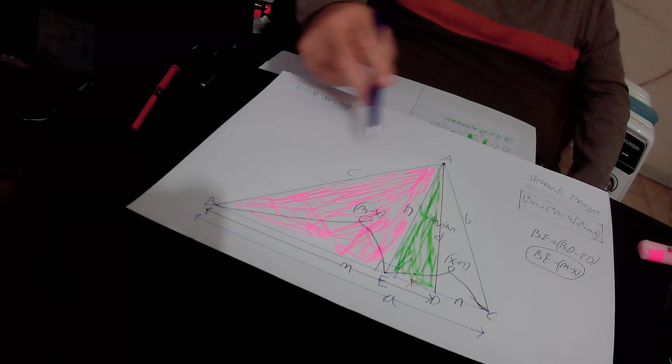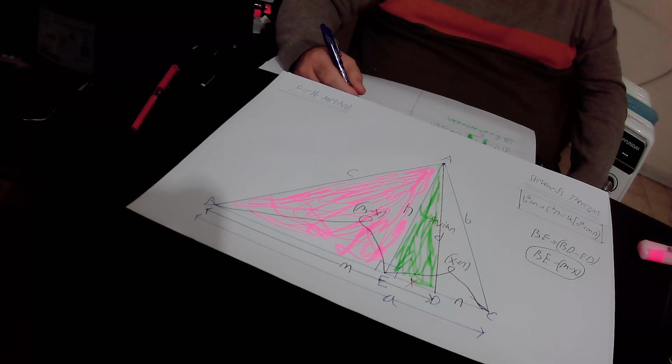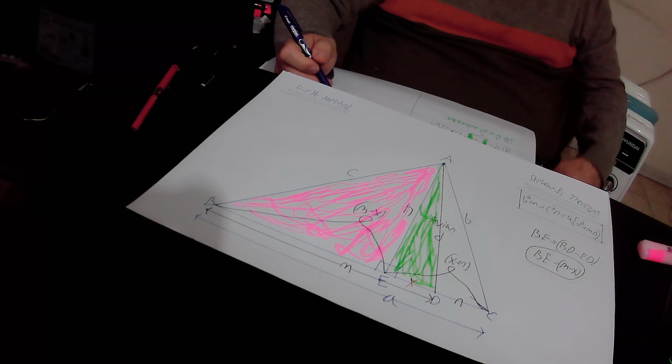The hypotenuse AB equals C units in length, therefore AB squared is C squared, and it is equal to AE squared.